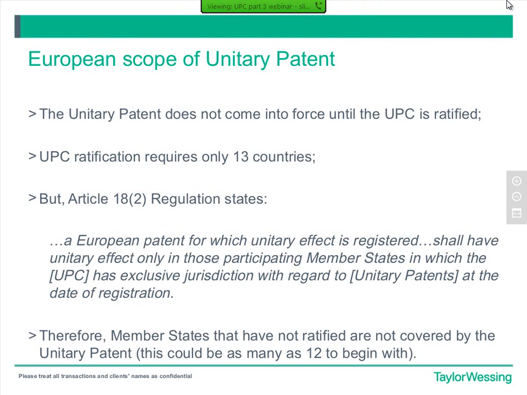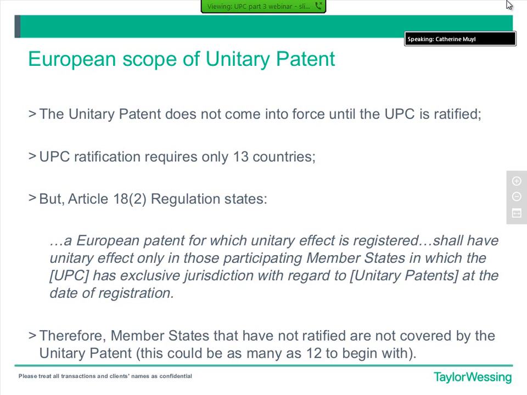So what you do to know what the geographical scope of your patent is, you look at the countries which have ratified at the date when your unitary patent was registered. And these are the countries where your unitary patent will be effective.